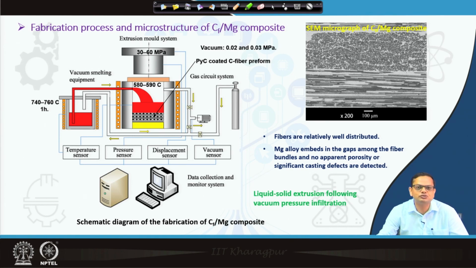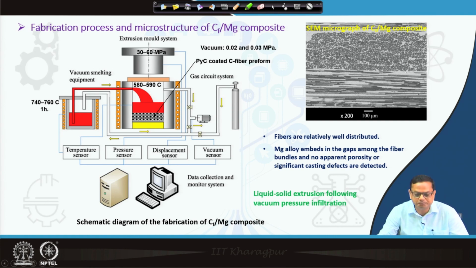The probability of those reactions or dissolution increases, and you want to restrict that. So, even if there is a problem in infiltration, the temperature is minimized. But that problem of infiltration gets counteracted by this extrusion press.